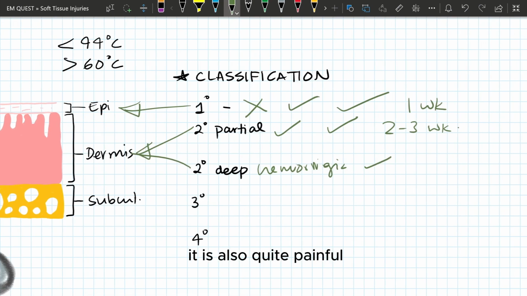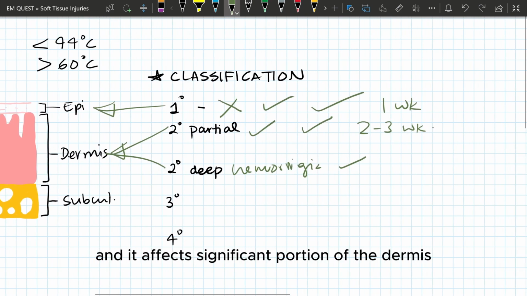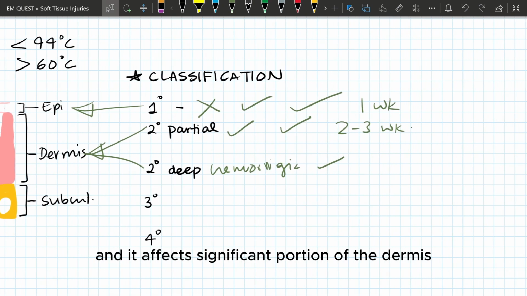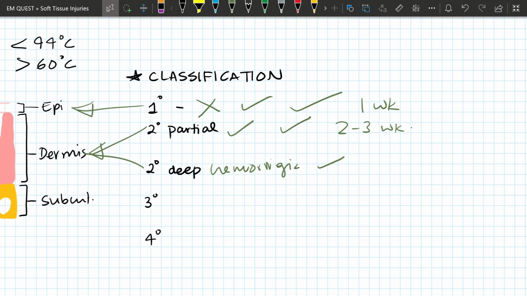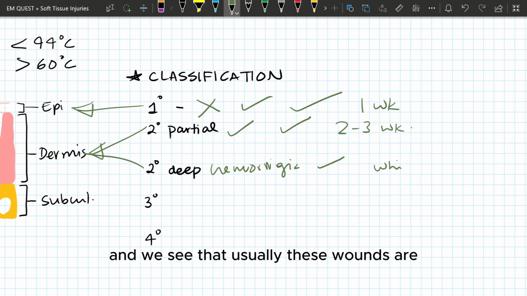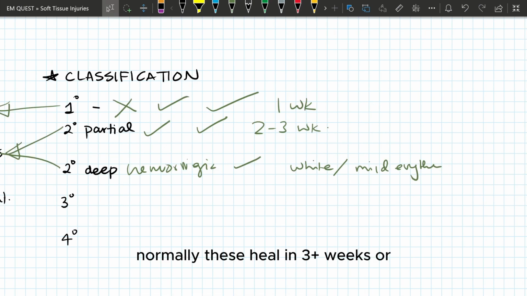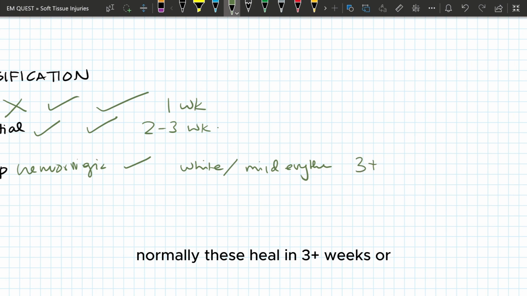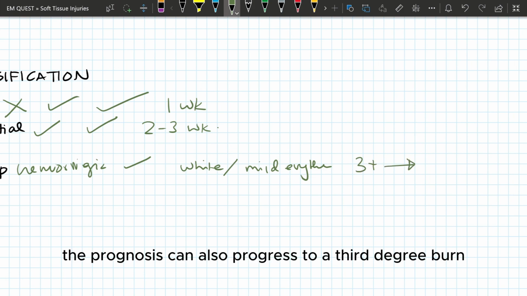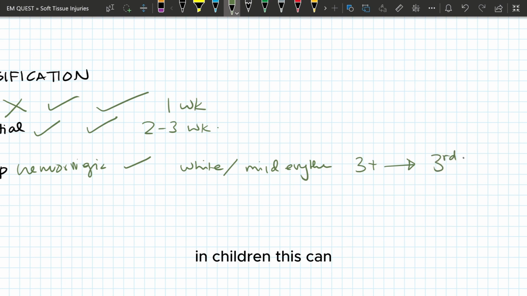It is also quite painful and affects a significant portion of the dermis, and usually these wounds are either white or mildly erythematous. Normally these heal in 3+ weeks, or they can also progress to a third degree burn. In children, this burn can also cause significant scarring and contractures.